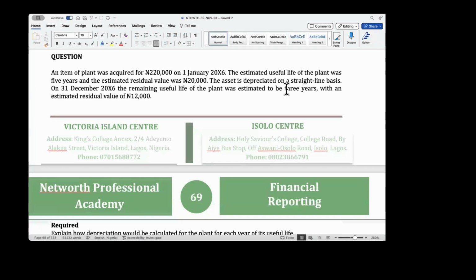So they have seen that it cannot go for 5 years from that end year. Instead of it going for an additional 4 years, they say no, it should be 3 years now. And the residual value is 12,000, so they have changed that one too from 20,000 to 12,000.